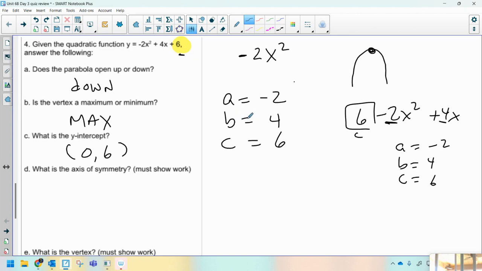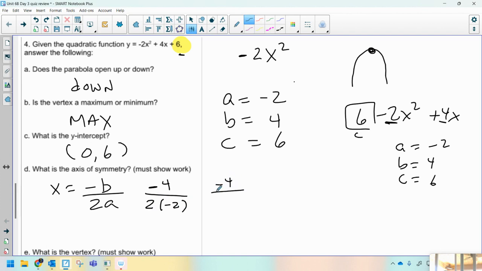Axis of symmetry. We have to use our formula. X equals opposite of B divided by 2A. All right, we got to read the signs. On B, it's a positive 4. So the opposite of B is a negative 4 divided by 2 times A. That's going to be 2 times negative 2.